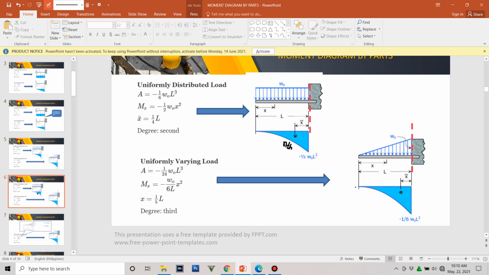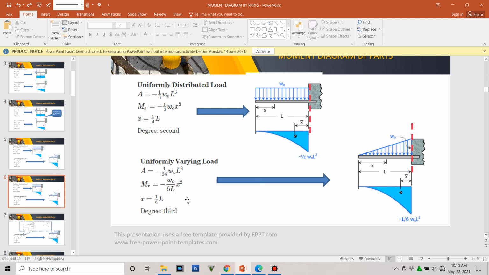Okay? So, the ordinate of this, where do we get this ordinate? At the reference line. Get this ordinate at your reference line. And then, just draw a curve here. This is a second degree curve for this uniformly distributed load.